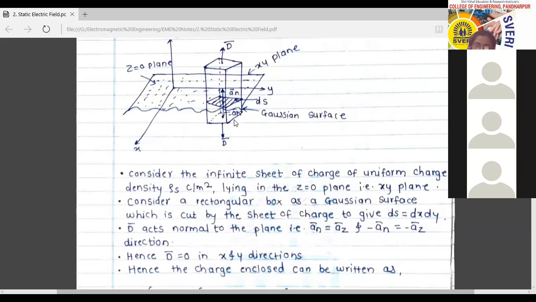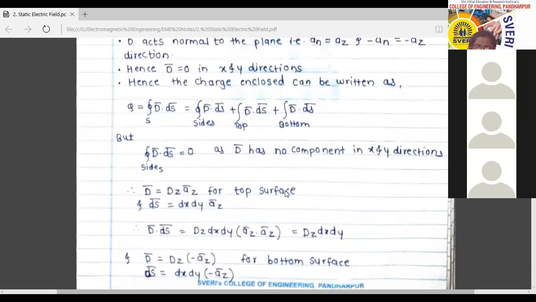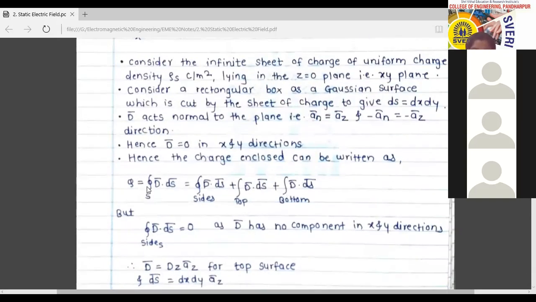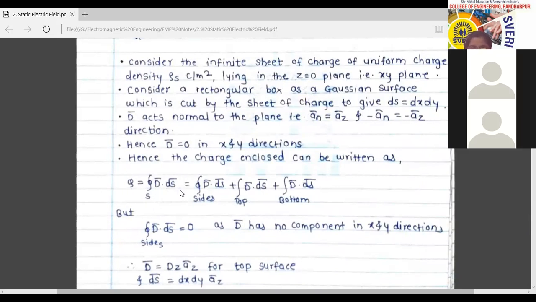So here you can check. We are finding this q, which is equal to the closed surface integral of d bar dot ds bar, that is the surface integral of sides plus top plus bottom.